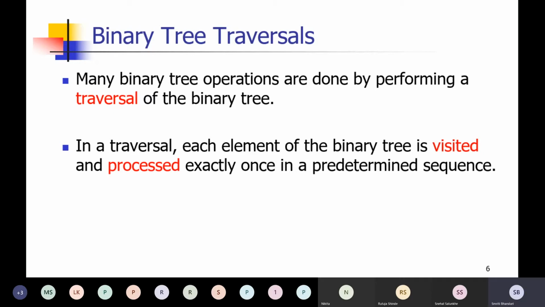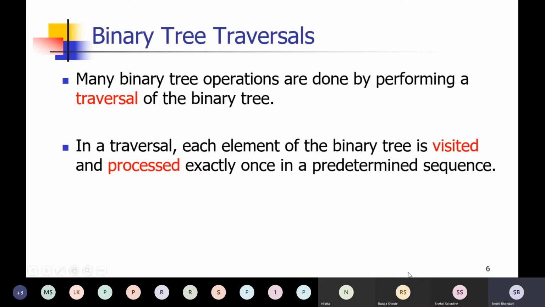So we'll repeat what we mean by a binary tree traversal. In a traversal of a binary tree, we go on visiting each element of a binary tree, and each element gets processed exactly once in a predetermined sequence.